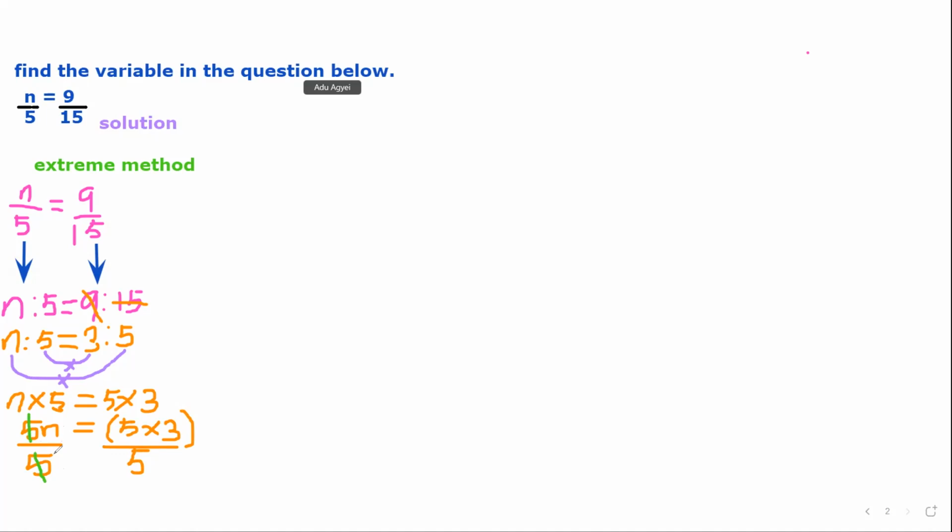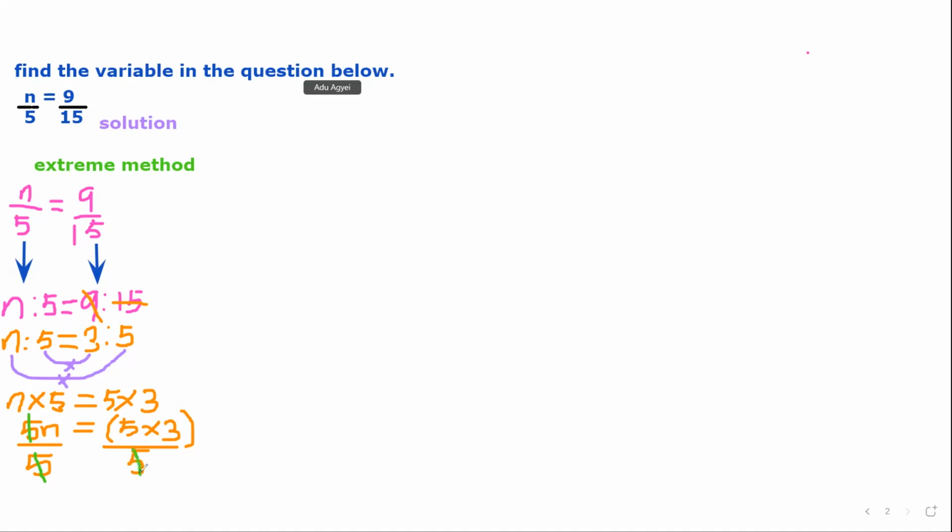Now n is free. When you come to the other side, because of the multiplication sign between these two numbers, you can use the 5 to cancel any of the numbers, but you make sure that the numbers have the same common factor. So here, when you use the 5 to cancel 3, it can't be possible. There's no way you can cancel the 3 and the 5, but 5 can cancel the 5 here.